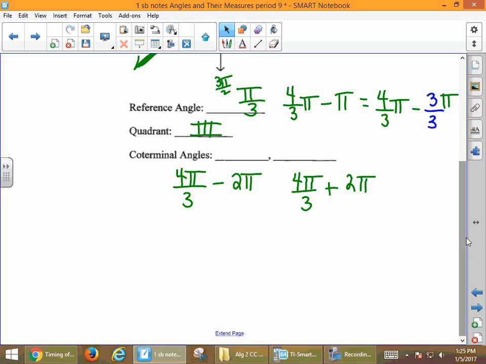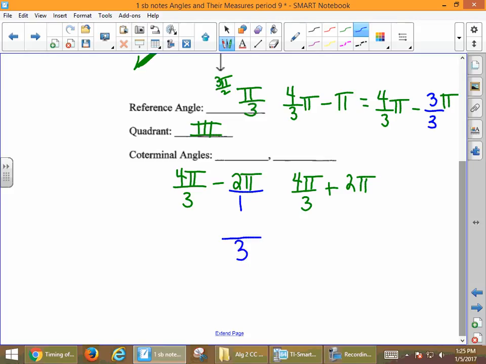But in order to combine these, we need to find a common denominator. So in this case, remember that between 3 and 1, our common denominator is going to be 3. Well, 3 in the denominator, 6 divided by 3 is 2.